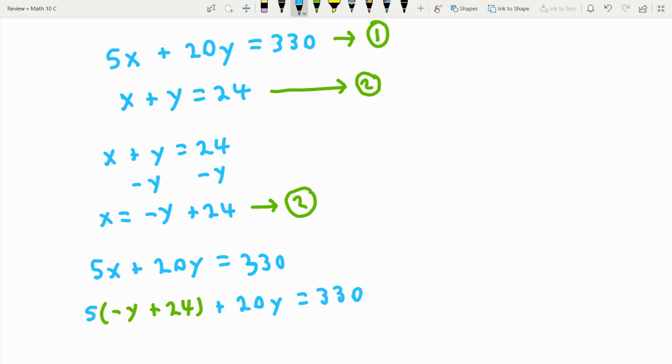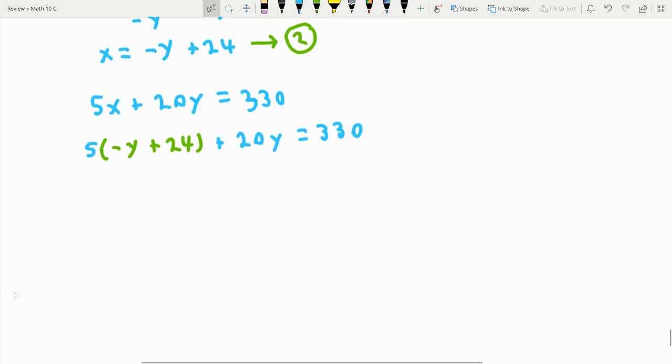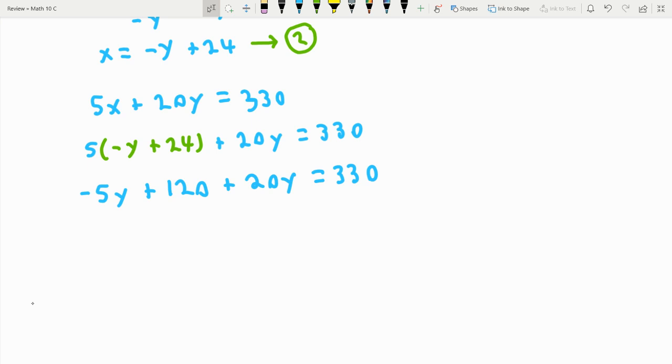So to solve this, let's start by simplifying my equation. 5 times negative y is negative 5y. 5 times 24, if I'm not mistaken, is 120. So plus 120, plus 20y equals 330.